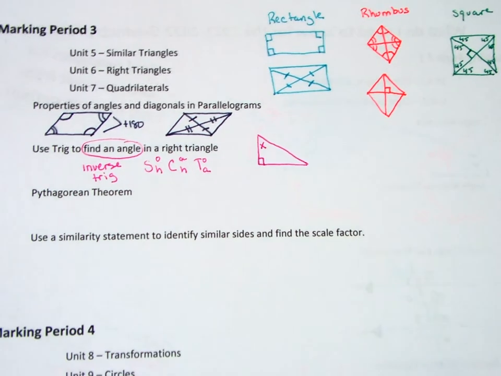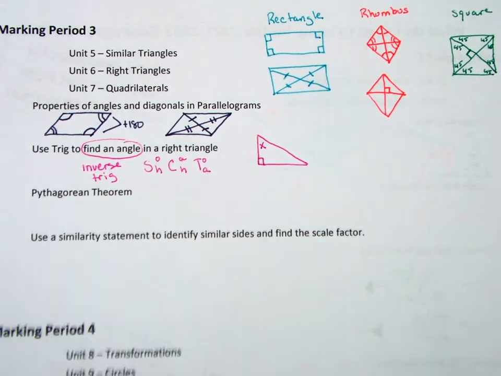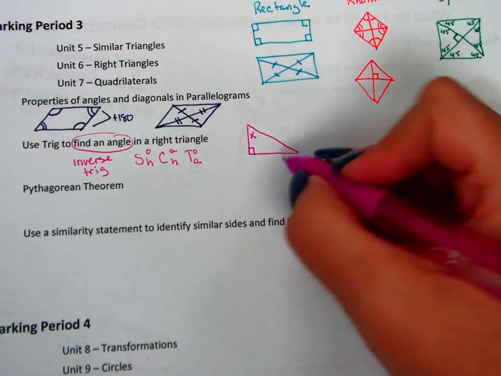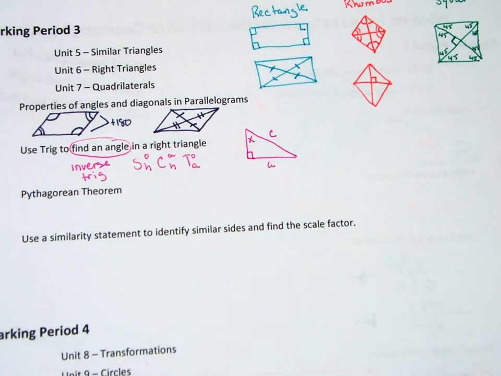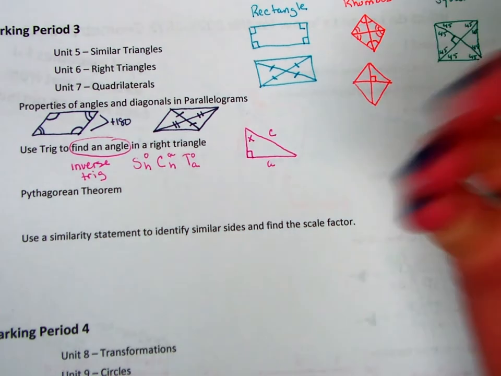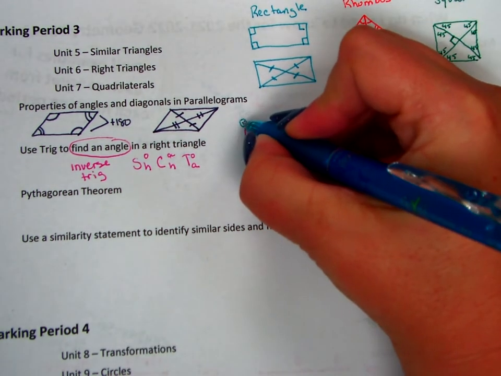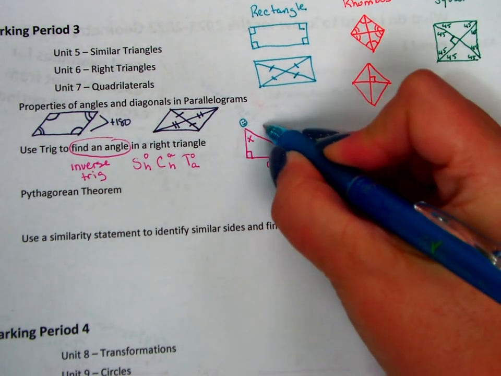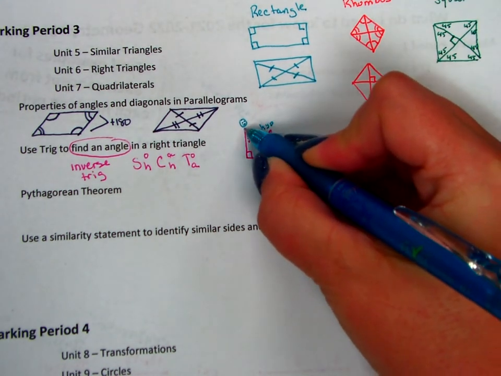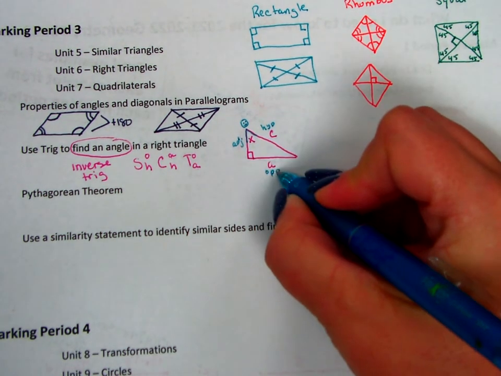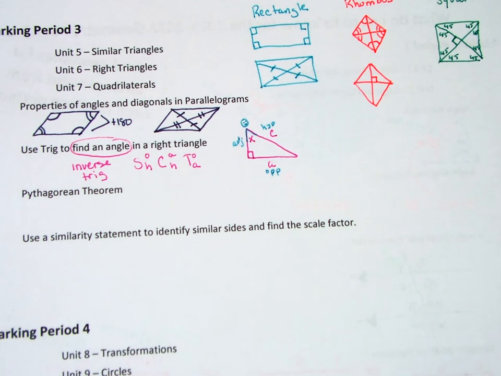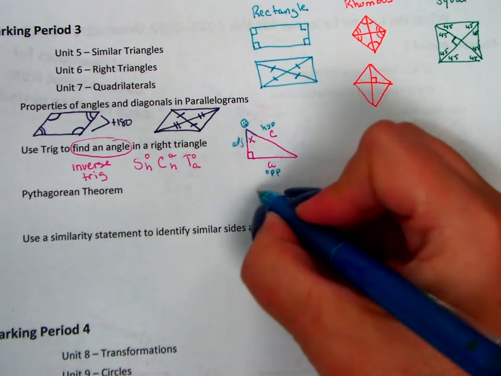let's say I want to find in this right triangle, because trig only works in right triangles, this angle up here. Let's say I know this side is A and this side is C, whatever those numbers are. If I want to find x, I would put my smiley face here, and that means this is my hypotenuse, this is my adjacent, so this is my opposite.